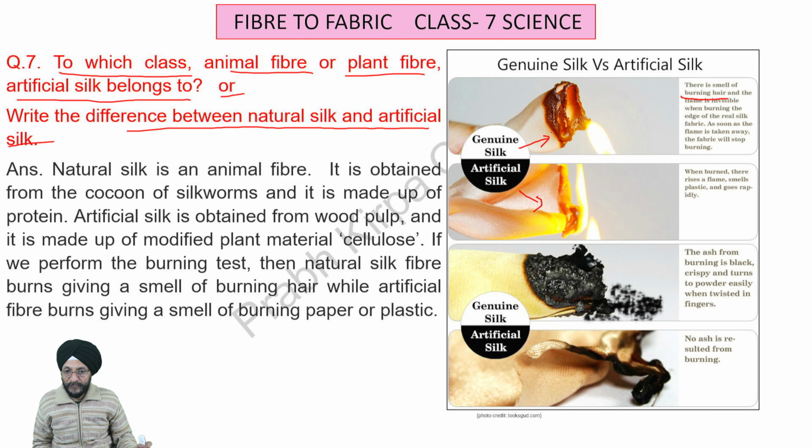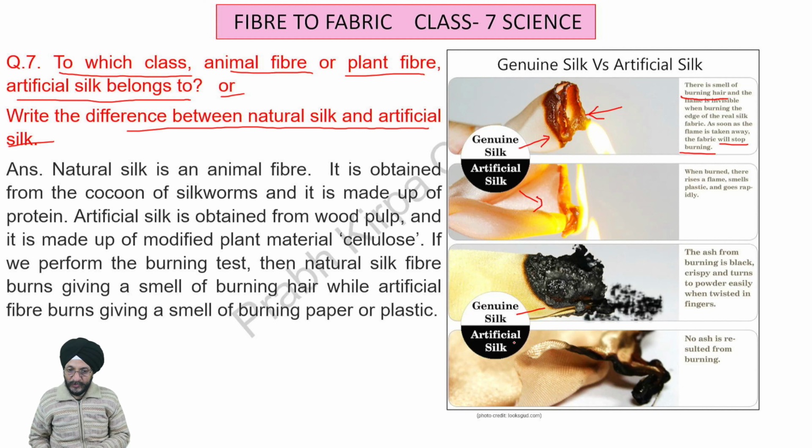As soon as the flame is taken away, in the case of genuine silk, the fabric will stop burning. If we burn genuine silk, the ash produced will be black in color, it will be crispy, and if we twist it in our fingers, it will easily become powder.